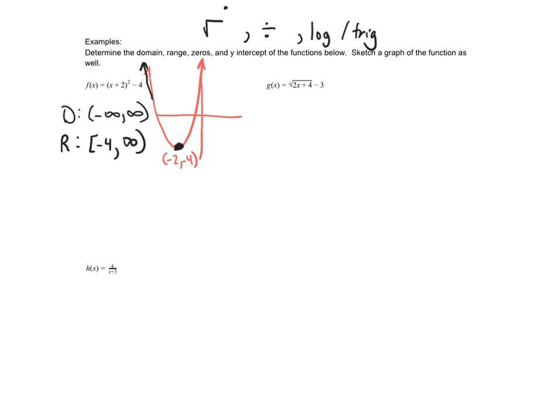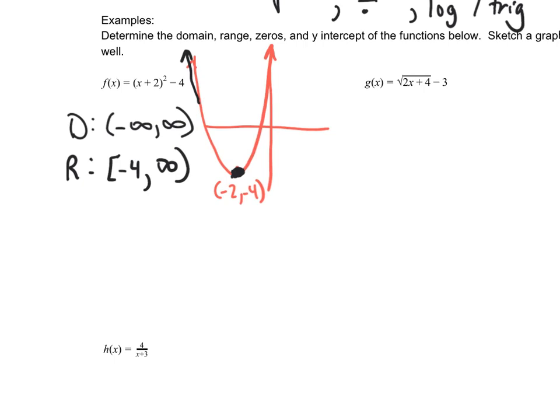Now for zeros, we're trying to figure out where this function is 0. So the easiest way to do this is I will just take my function and set it equal to 0. So I'll take (x plus 2) squared minus 4, and I'll set it equal to 0. And then I'll try to solve it. There are lots of ways to do this. What I'll do is I'll go ahead and add 4 to both sides.